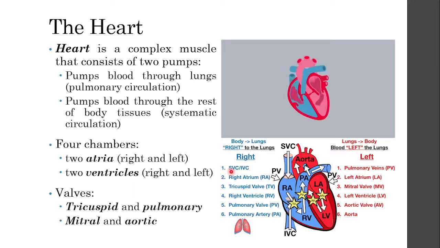So from the body to the heart, we use blood vessels called veins. And then we have two main veins that lead into the heart: the superior vena cava and the inferior vena cava. Superior and inferior doesn't necessarily mean one is better than the other. It's just the positioning. Superior above, inferior below.